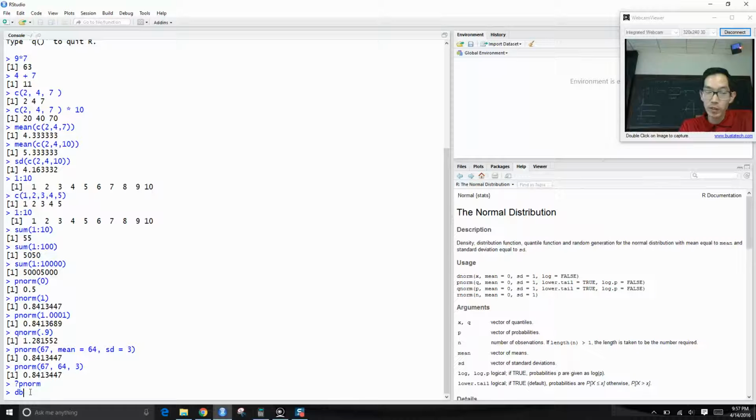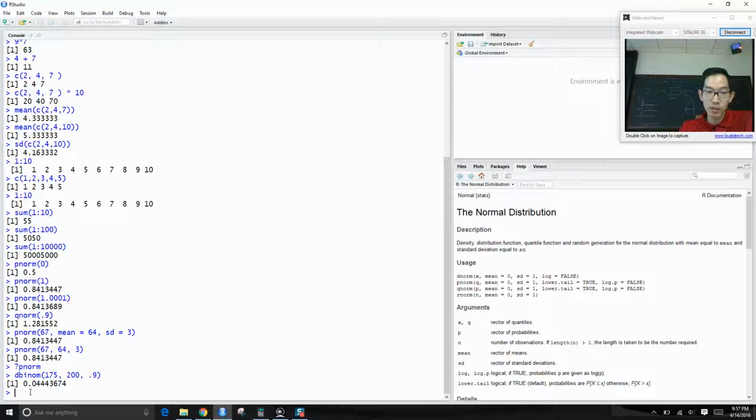So if I said D binom, what's the probability that Steph Curry makes 175 shots if he's going to take 200 and the probability of him making a shot is 0.9, then we would type this in, and this would be the probability that he makes exactly 175 shots.